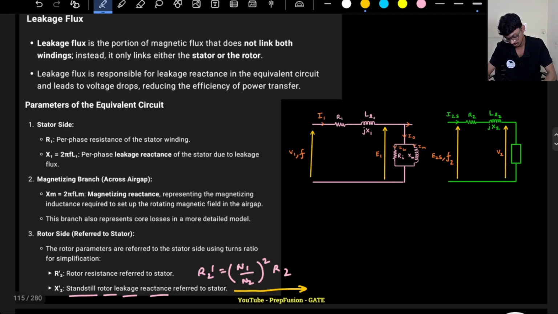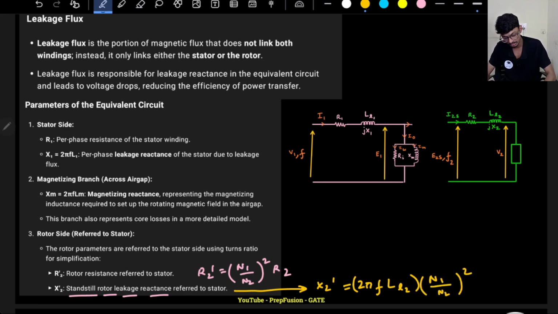So X2 dash is equal to 2 pi f into LL2 into (N1 divided by N2) whole square. Actually, on the secondary side, the actual value of X2 is 2 pi s f LL2.